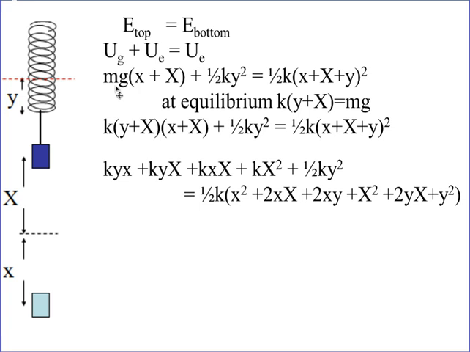The gravitational would be mg times how high up it is, this x plus capital X. The elastic would be how much it has stretched the spring, that y. And when it's down here at the bottom, it would have stretched it by y and also x and also little x. All of those together would be the deformation of the spring at this position.